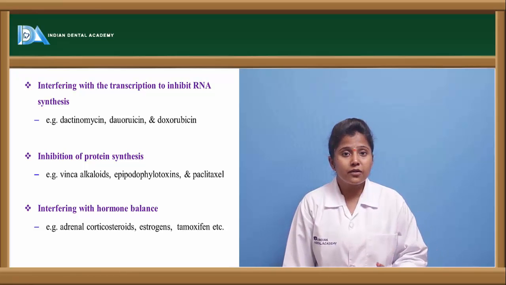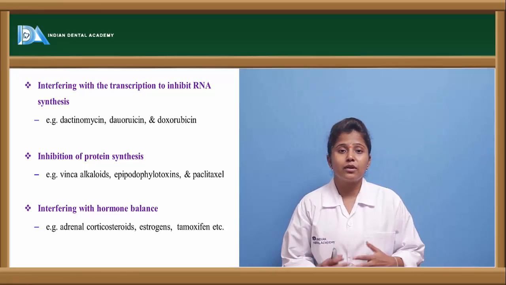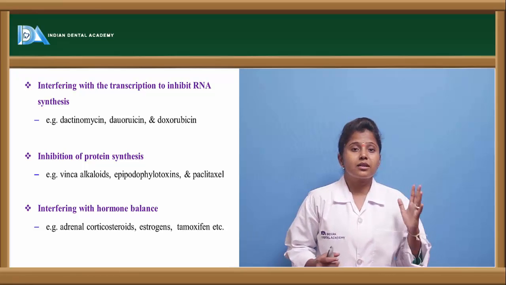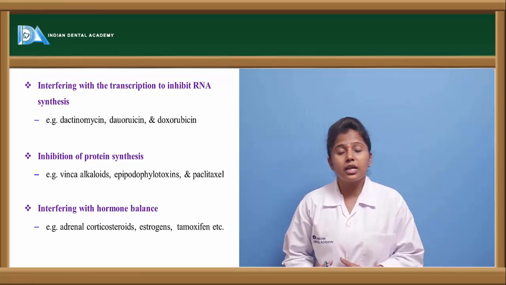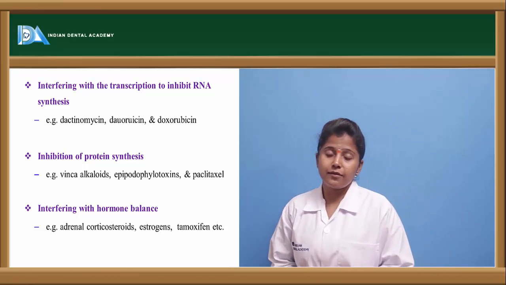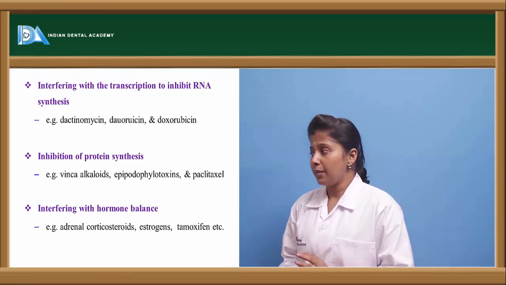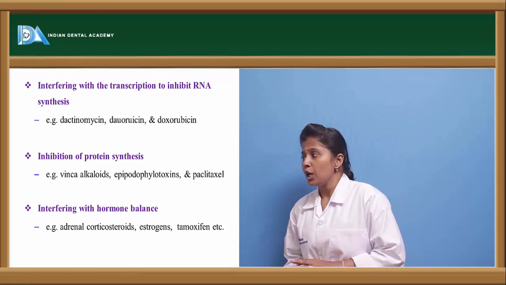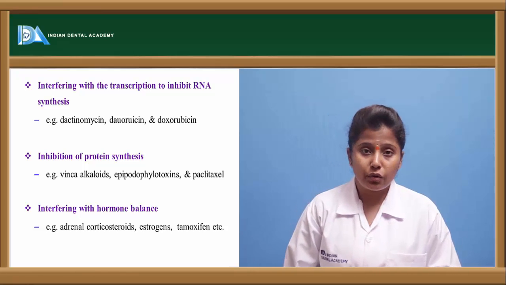Once the proteins are formed, then only the cell formation takes place. So if the copying of the DNA to RNA, that is the transcription procedure, is inhibited, then definitely the protein synthesis will be inhibited. The drugs which come under this category are dactinomycin, daunorubicin and doxorubicin.